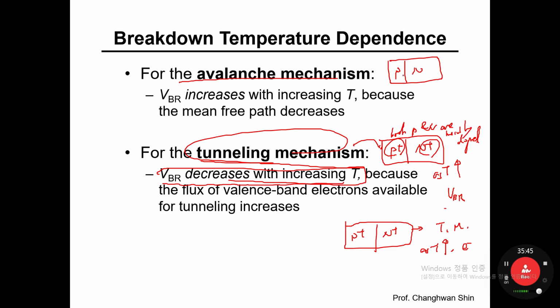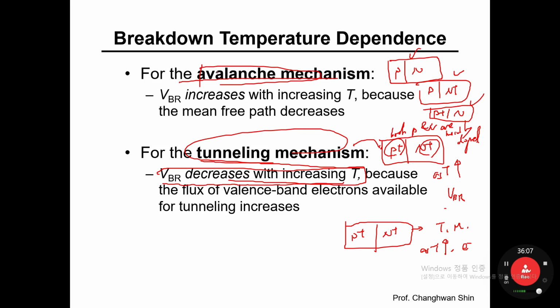What about the PN diode, the PN plus diode, or the P plus N diode? Since the tunneling mechanism can never happen in those three types of PN junction diode, definitely the avalanche mechanism is dominant.